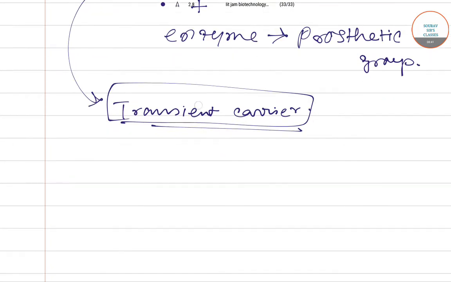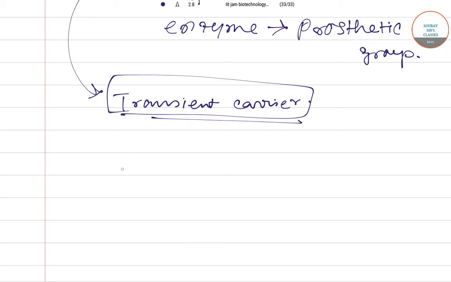Now a complete catalytic enzyme together with the bound coenzyme or the cofactor is called a holoenzyme.